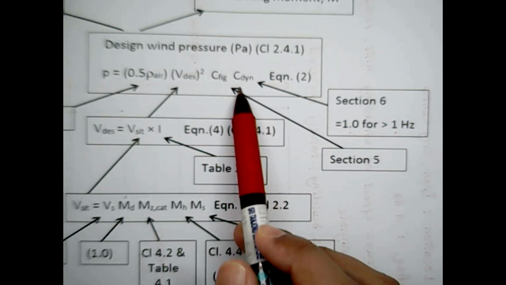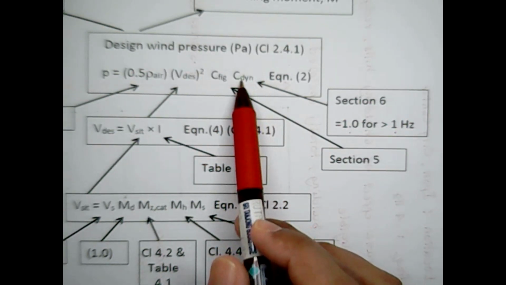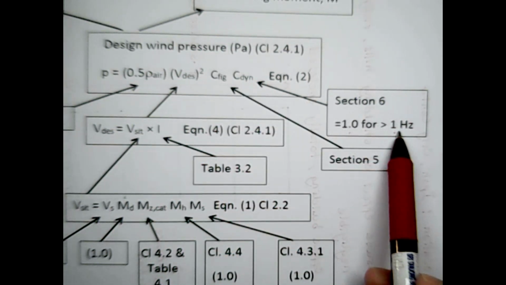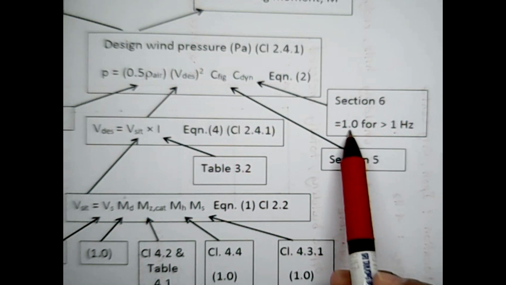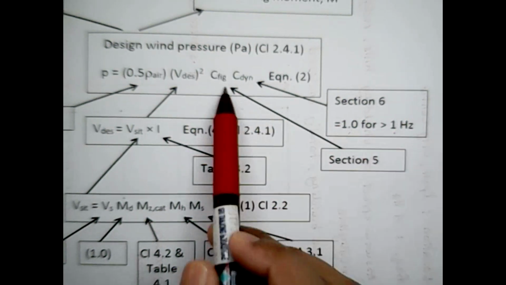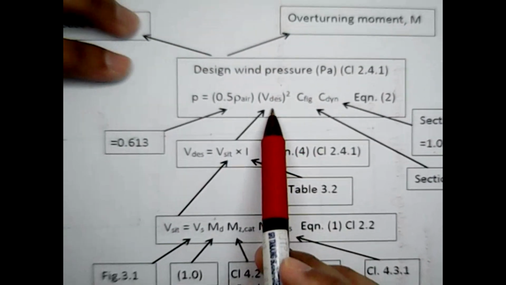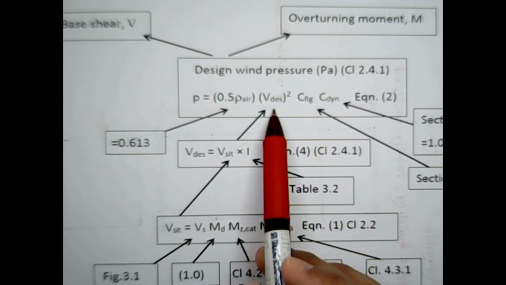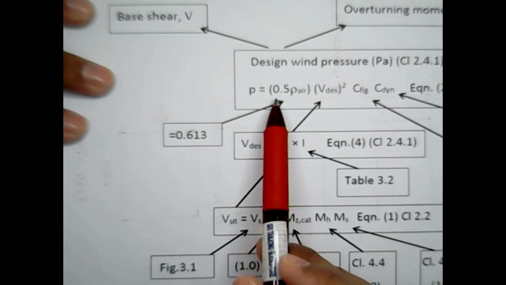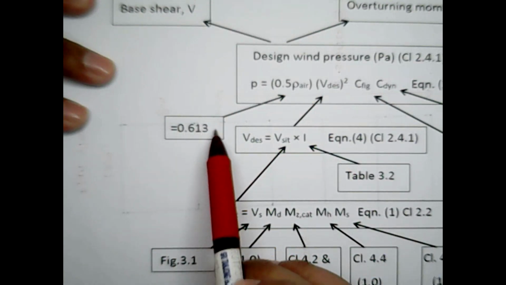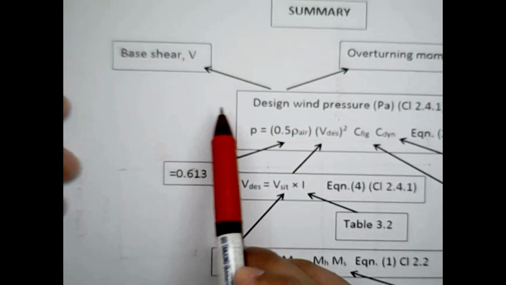For instance, C dynamic, what we call the dynamic coefficient factor, is given at section 6. For all buildings which are more than 1 Hz, it will give you 1. And then C fig will be given from section 5, and you have V dash, and then you have the 0.5 density of air, which you calculated is going to be 0.613.